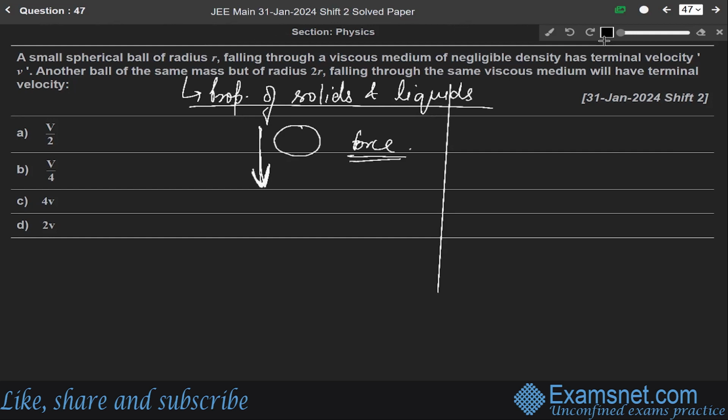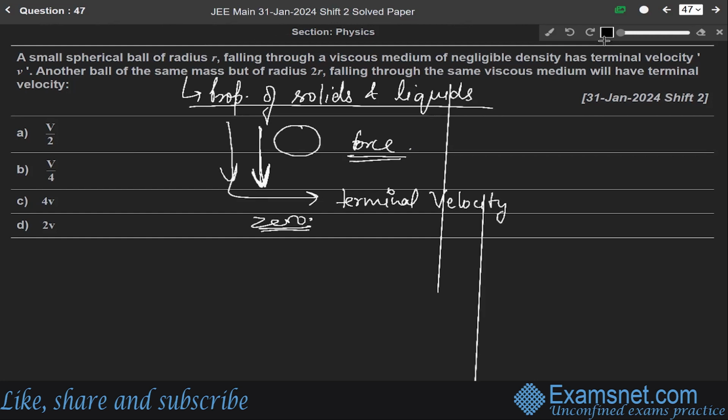Finally, when the viscous force and the buoyant force become equal to the force due to gravity, the net force becomes zero, so the acceleration is zero. The raindrop then falls with a constant velocity, and this constant velocity is called terminal velocity.